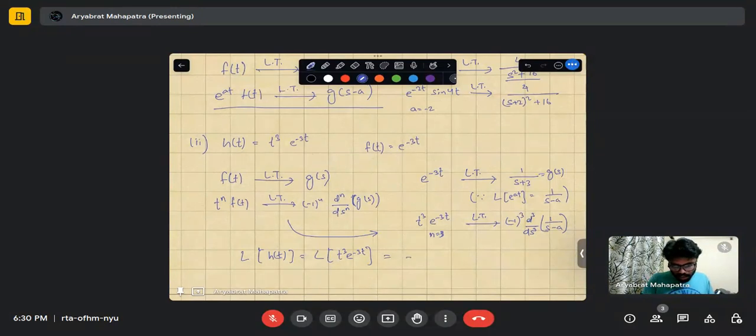Then you simply take three derivatives. You will see that this whole thing gives you 6 over s plus 3 to the power 4. That is what I've written here. Just calculate the derivative and you will get it.